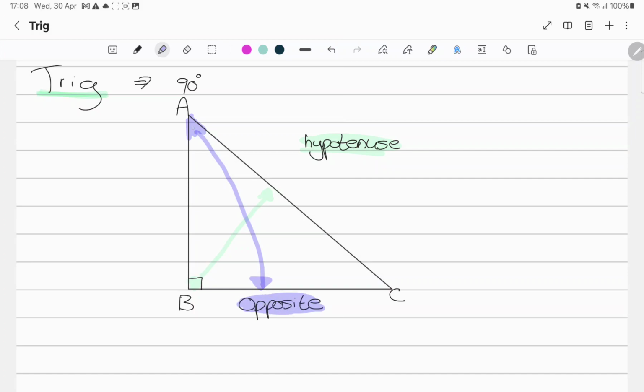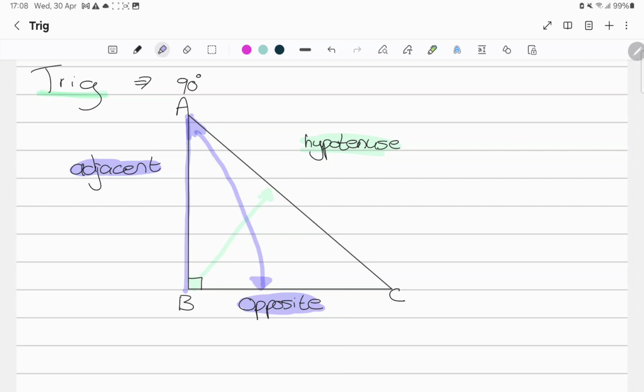And then the last side of your triangle that is left in terms of A is this one that also forms my A, and that is known as my adjacent side.